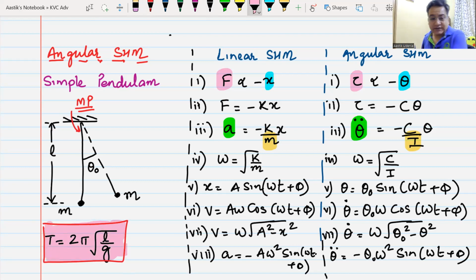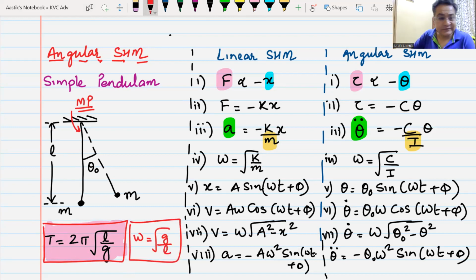So remember this, the time period will come by this, and omega will come as root over g by L. You know this, yes or no? Yes, sir. So write the time period of this pendulum. Now again, this motion is only simple harmonic if the amplitude is very small.